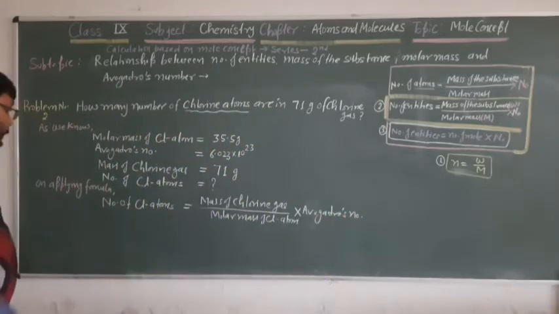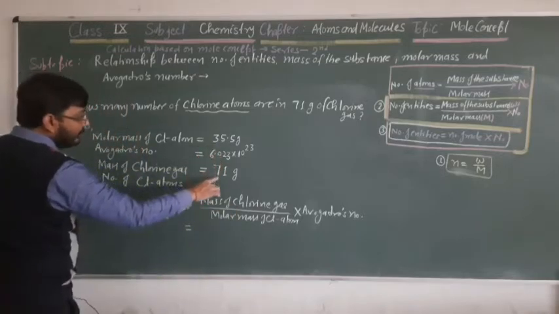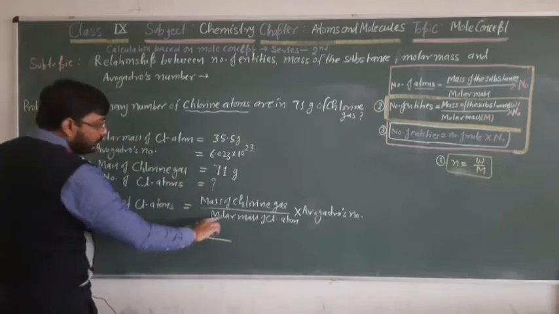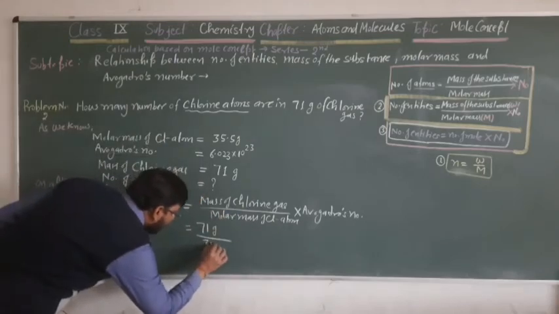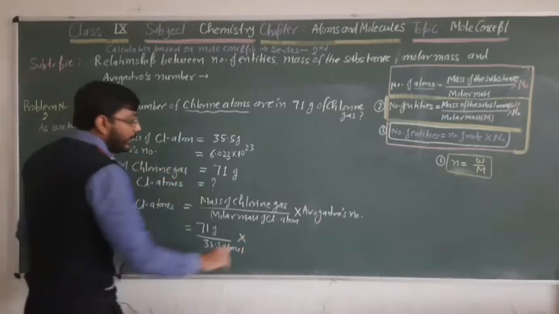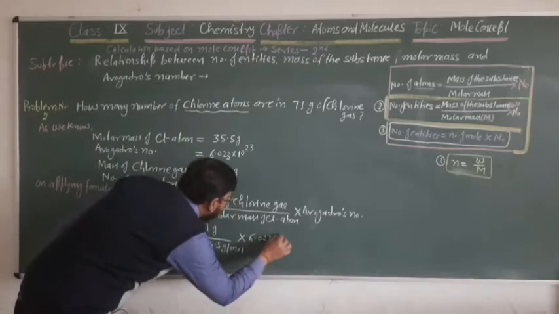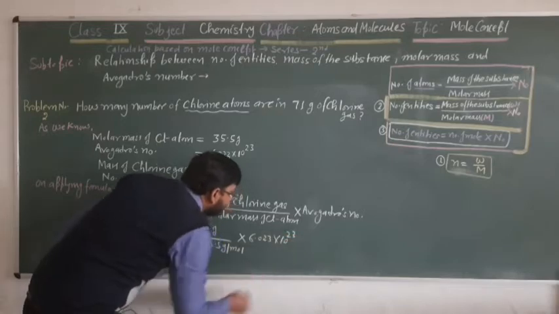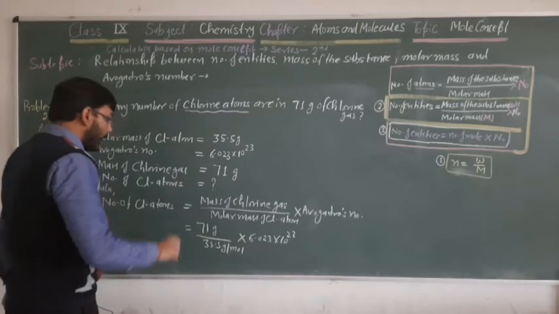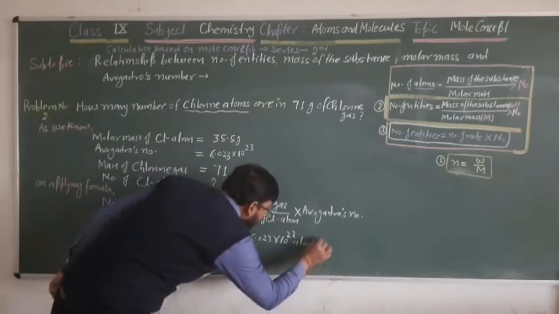Now see, number of chlorine atoms is equal to mass of chlorine gas, given 71 gram. Put the values in the formula. Molar mass 35.5 gram per mole, multiplied by Avogadro's number, the value is 6.023 into 10 to the power 23. This is this many atoms per mole.